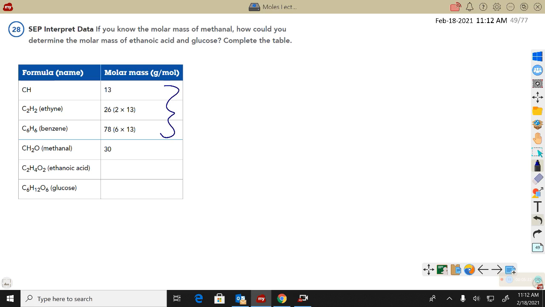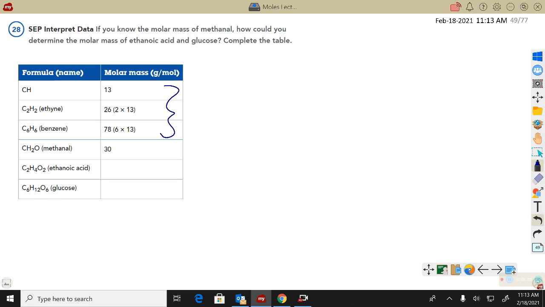Something like CH would be an empirical formula. That's the simplest ratio, a 1-to-1 ratio. If you add carbon and hydrogen, you get a molar mass of about 13. Now look at ethine. It's a C2H2 ratio. They're showing that we could just double the mass of the empirical formula, since here the ratio was just doubled.